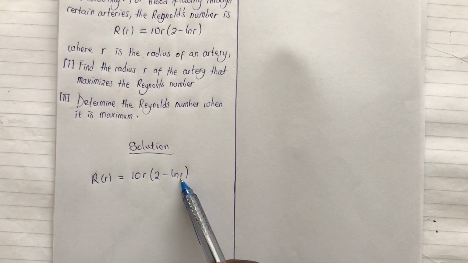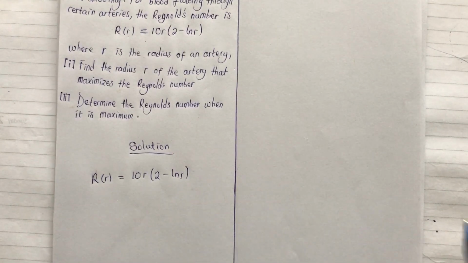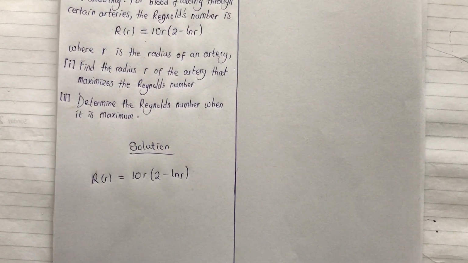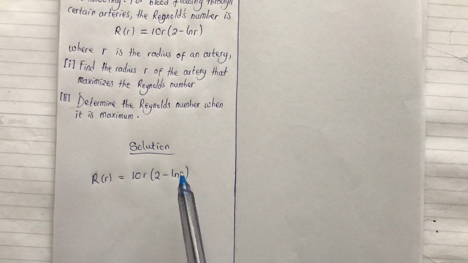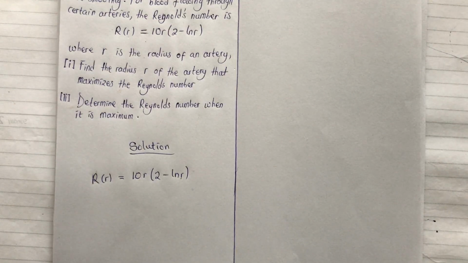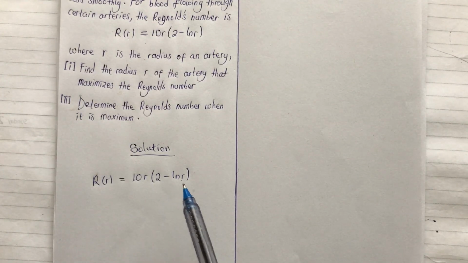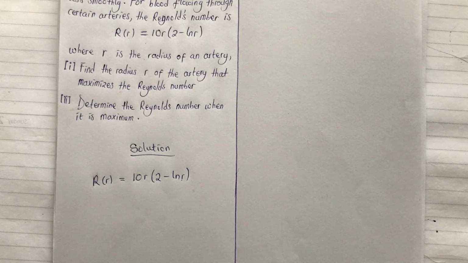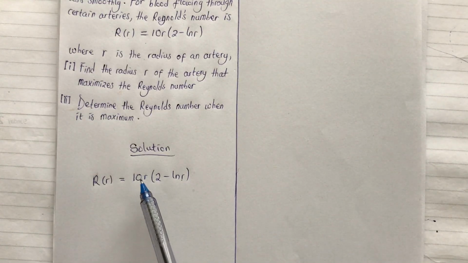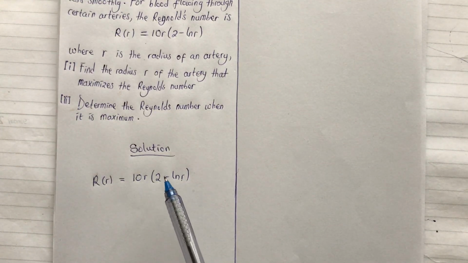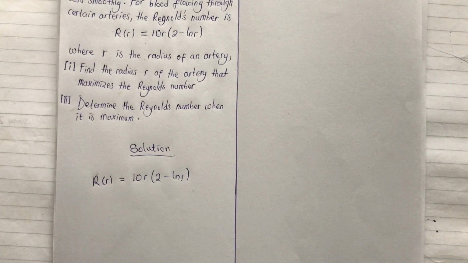That is small r. So to make small r the subject, in application of calculus, we need to apply product rule. We need to treat the two functions as product functions. So what do I mean by product functions? This means that I will treat 10r into bracket 2 - ln r as two separate functions, where 10r here is the first function and then 2 - ln r is the next function.